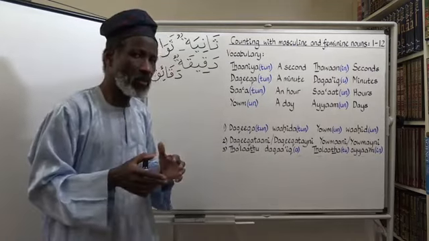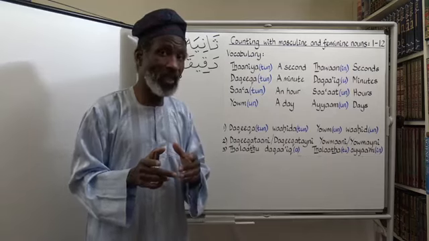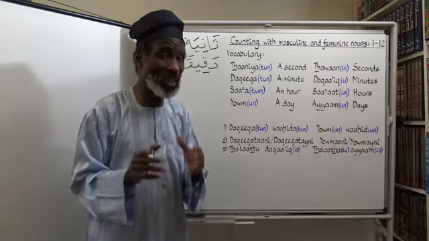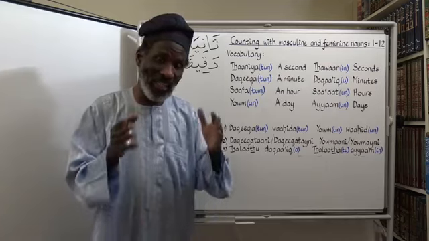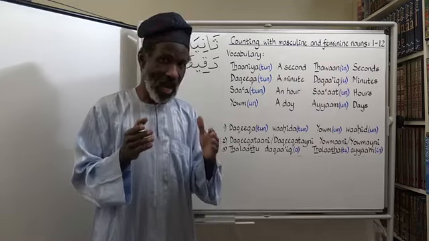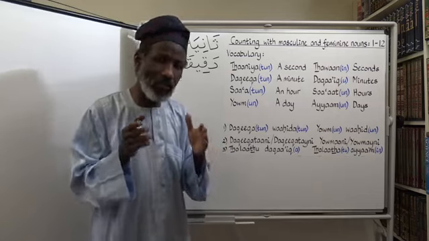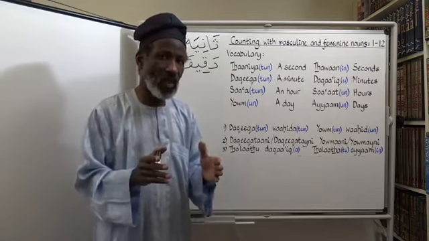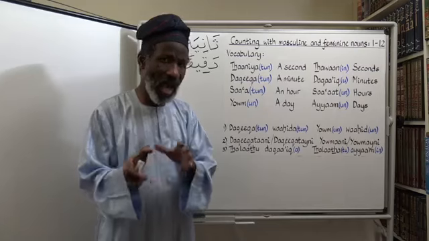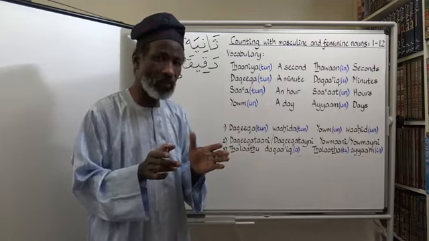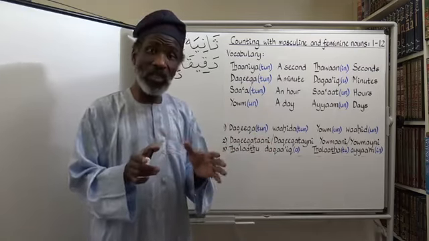Now, a note for you. It is wiser, it's the best thing to do, when you are learning a singular noun or adjective or any word in Arabic, it's a good practice to learn singular and plural at the same time. Because plural starts from 3.